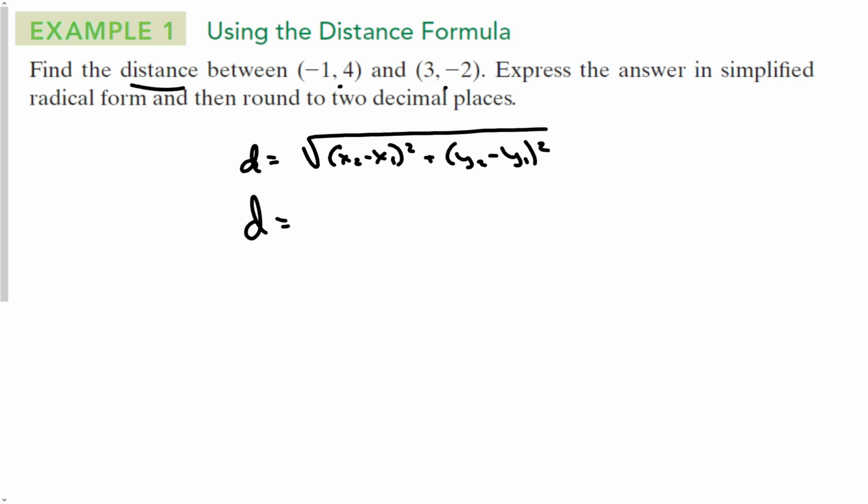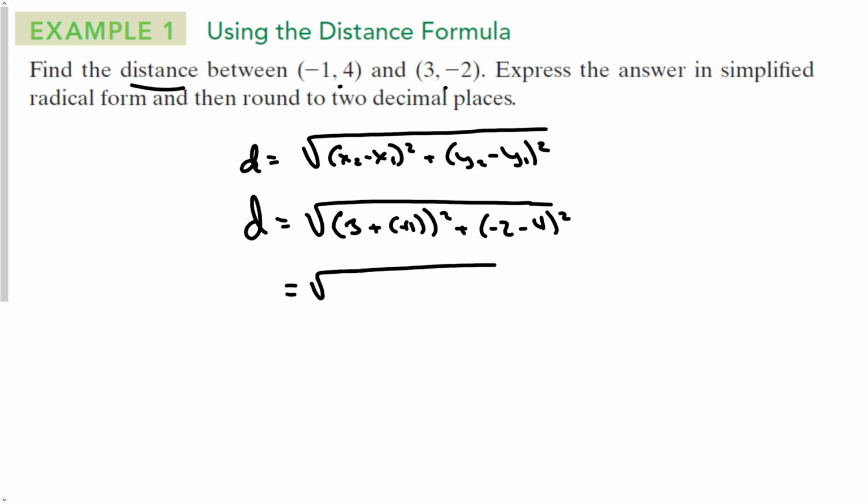Now I just have to fill in the numbers. So x2, which would be 3, minus -1 squared plus -2 minus 4 squared. And 3 minus a -1, a minus turns into a plus.